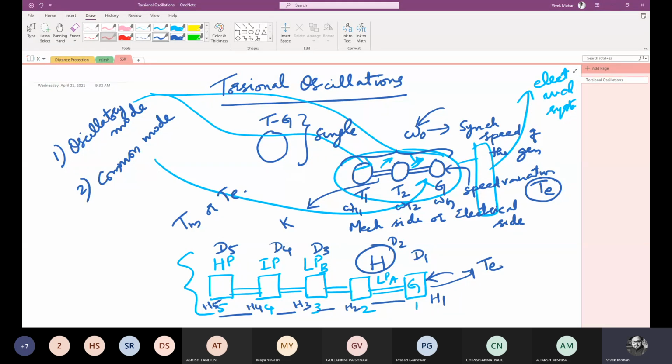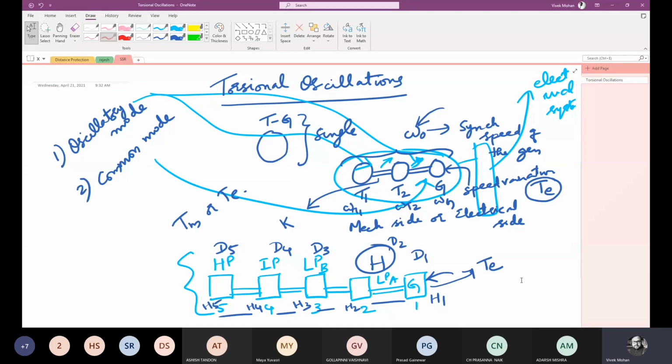It can be viscous damping, it can be because of the damper winding, it can be because of the electrical torque that is developed by the generator itself. And the cause of this electrical torque can be from the electrical network because of the nature of the network. We'll see how it will affect. Okay. Now, however, these dampings are of small magnitude.